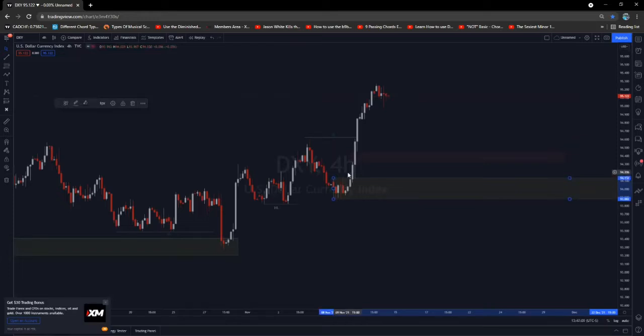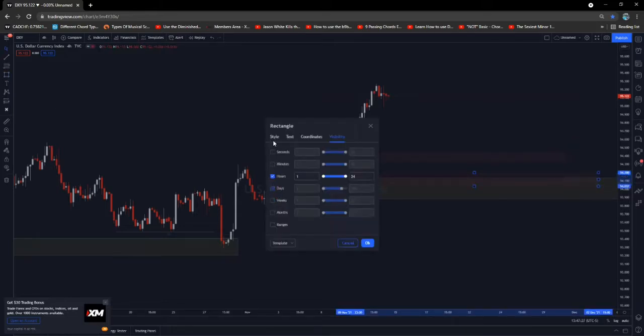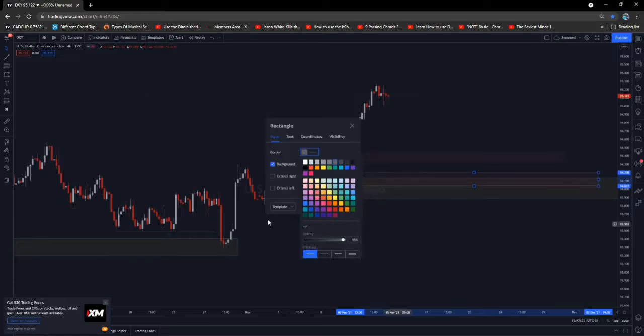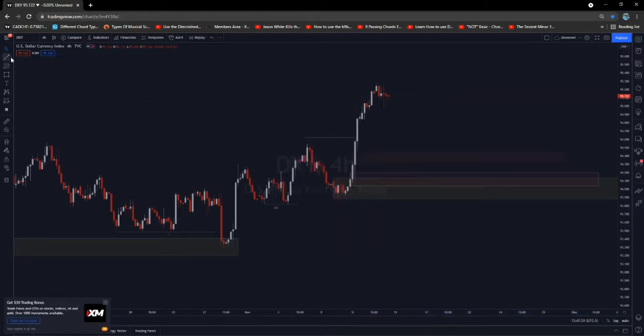So far, an area where there's inefficiency is this area over here. Other than that, all of the other orders have been filled. An area of supply that I might be interested in also is this one over here. So this is the area of supply that I'm expecting the market to eventually tap into.